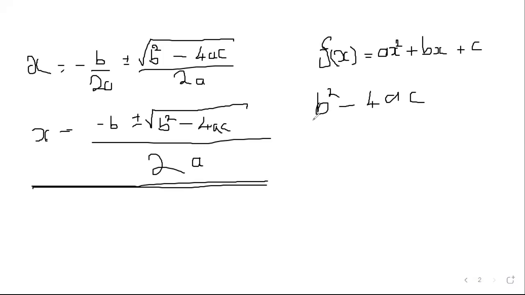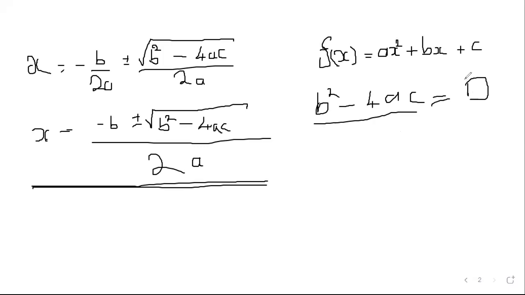This guy is the one that is going to tell us all that information, those three I outlined there. Whenever this is positive, whatever comes out will be real. If this is equal to 0, then we are going to have equal roots.